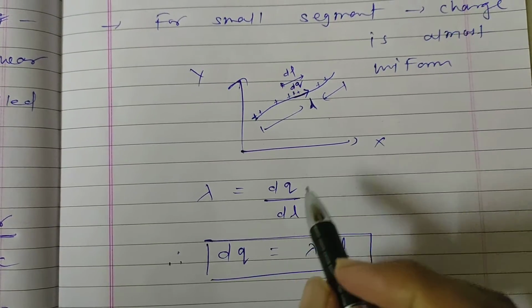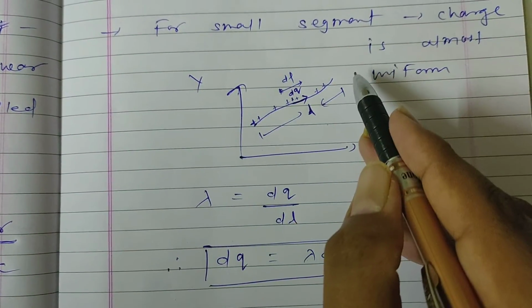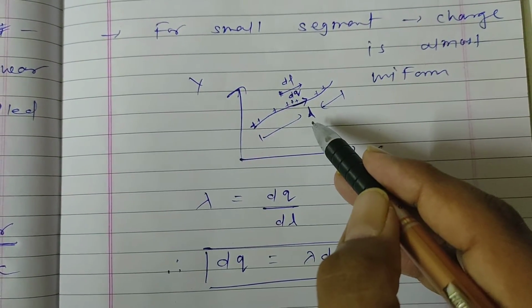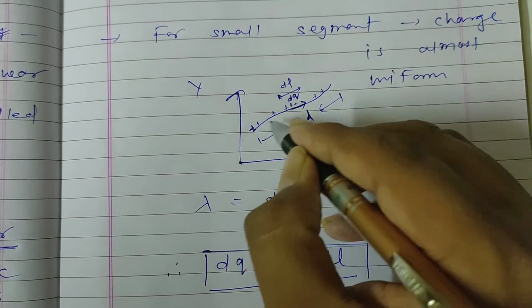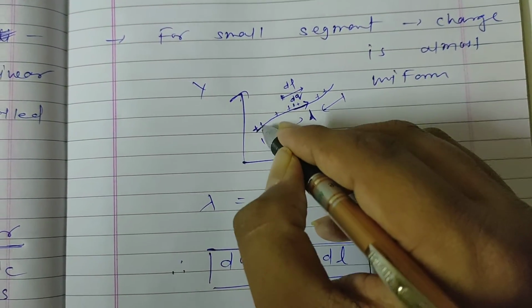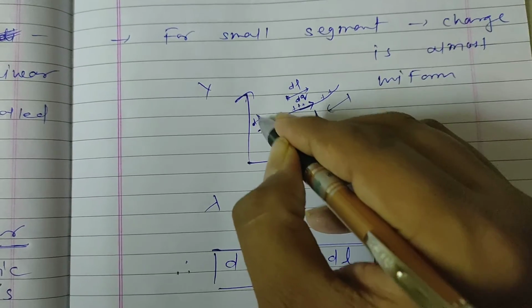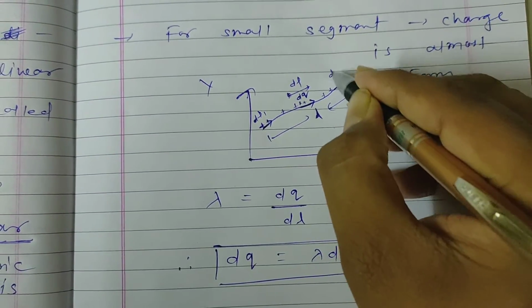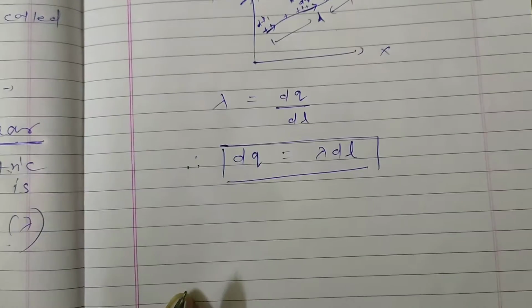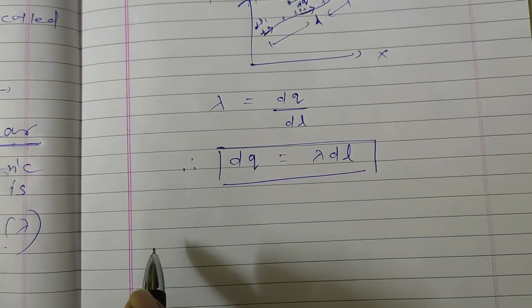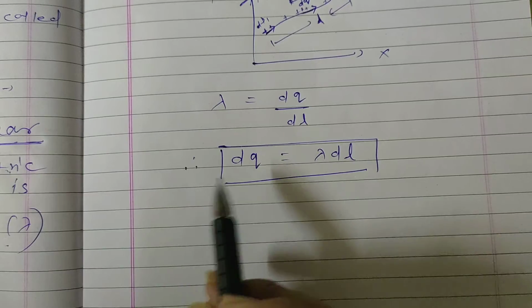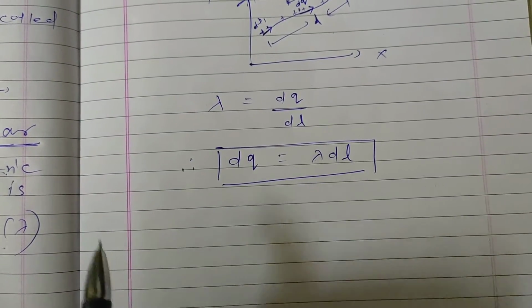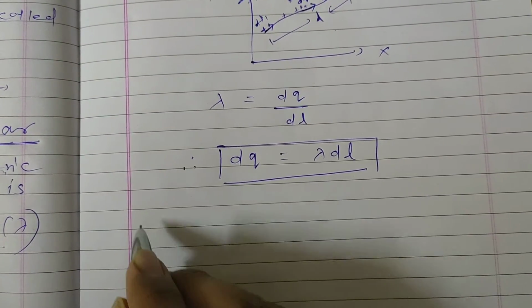Now, to calculate the total charge over a linear object having length L, we divide the entire linear object into small segments like dl1, dl2, and the last one is dln. If we integrate the charges, then we can calculate the total electric charge over the linear object.